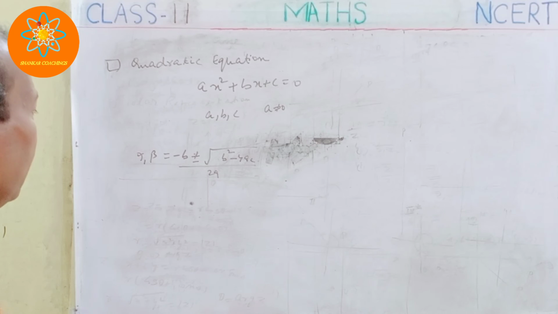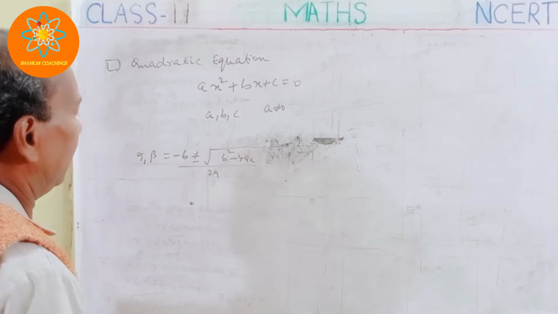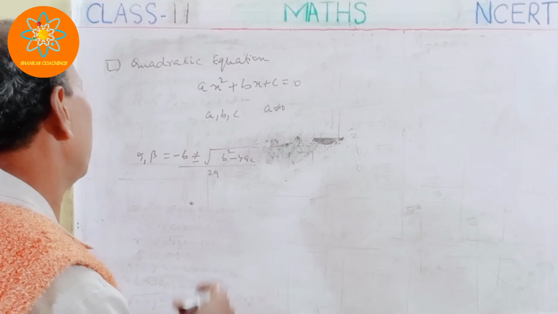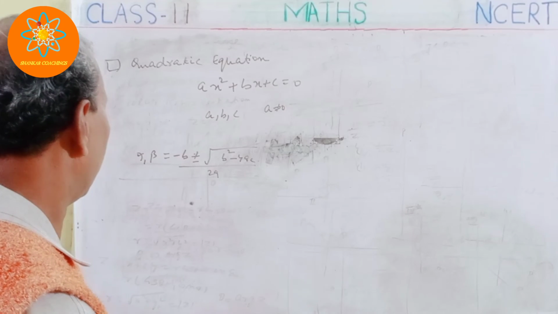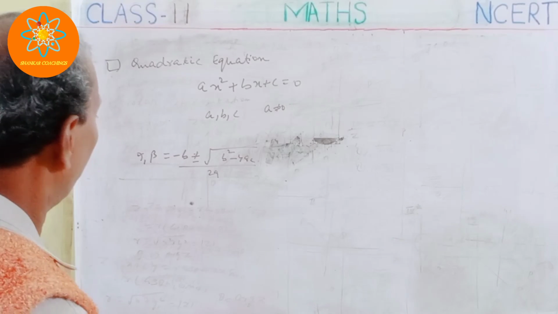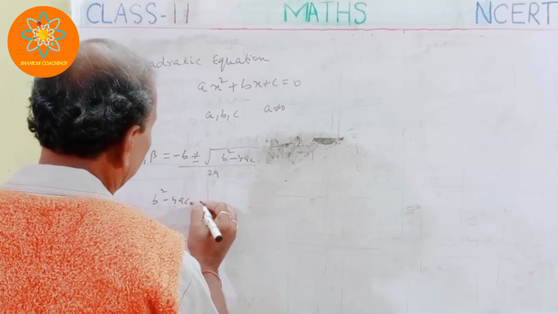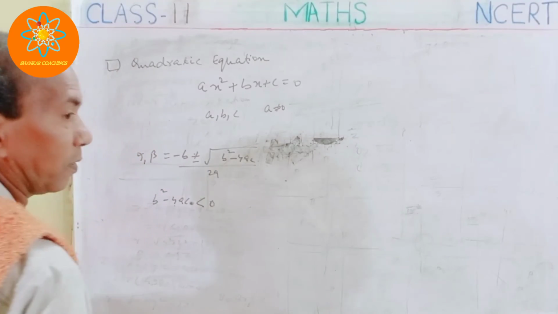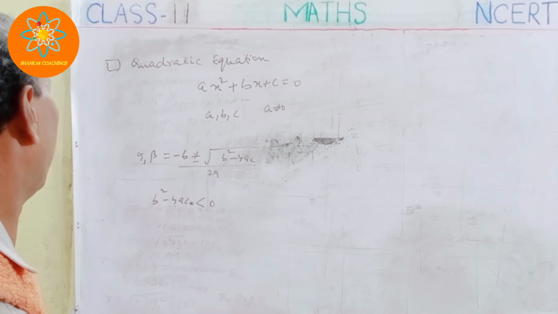Now in the case of under root b square minus 4ac, there are three cases: when b square minus 4ac is equal to 0, greater than 0, and less than 0. When b square minus 4ac is less than 0, in that case we get the imaginary solution of this quadratic equation.